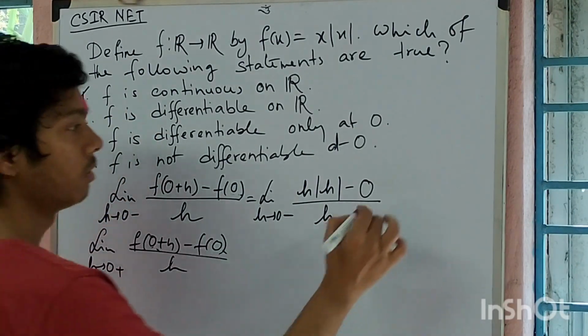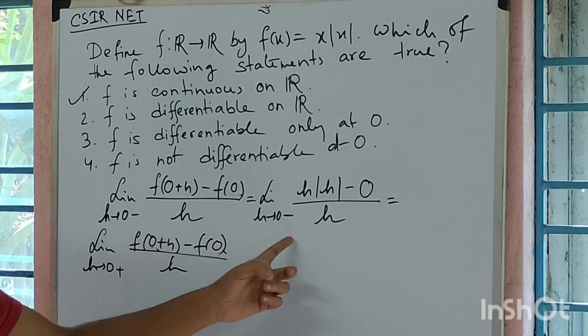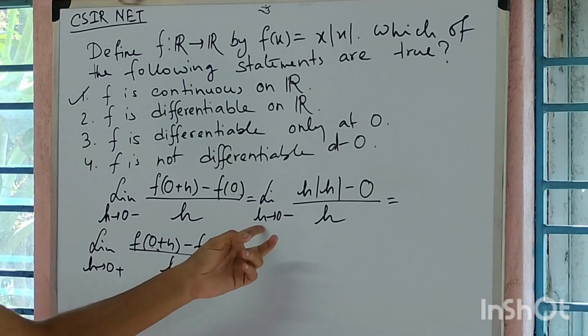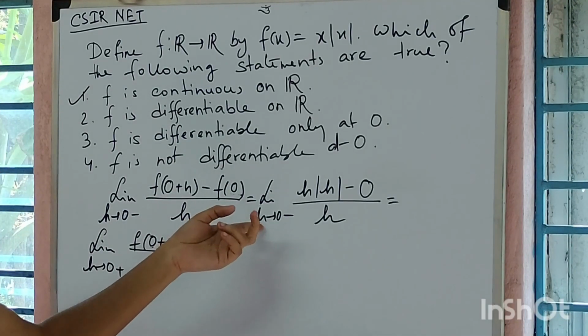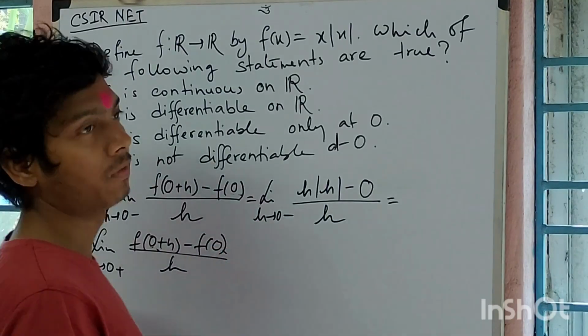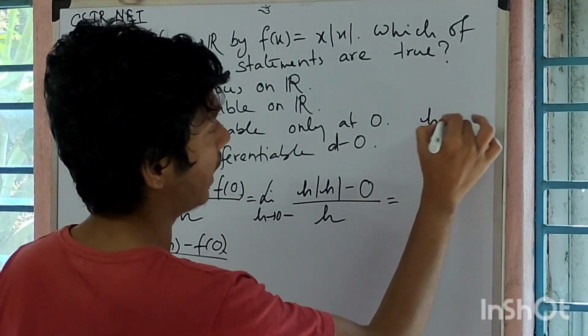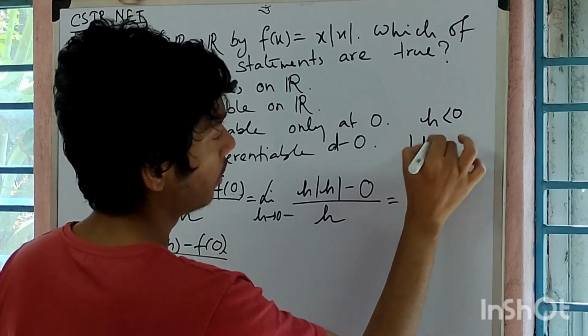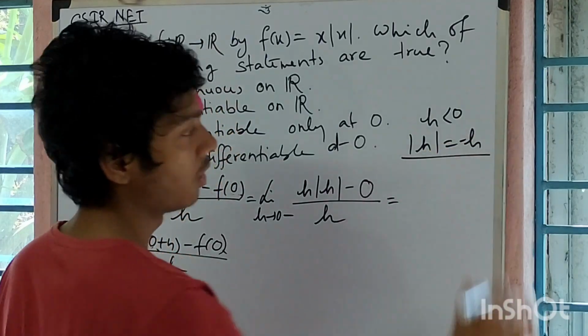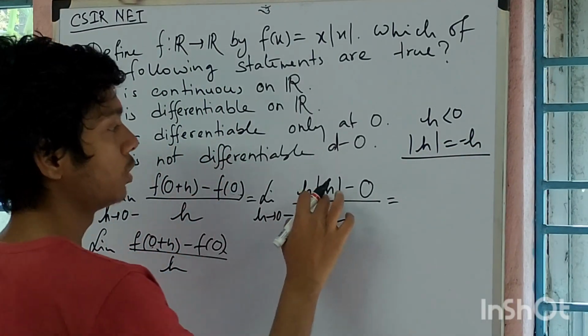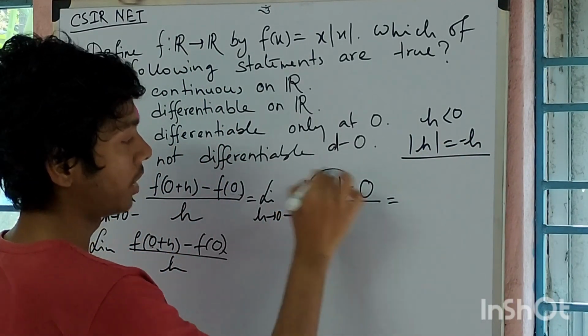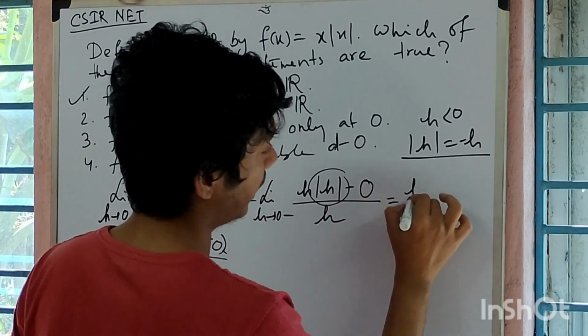Correct. Now you tell me, when h tends to 0 minus, h is just negative, just less than 0. In that case, since h is negative, |h| = -h. So I will put -h in place of |h|.